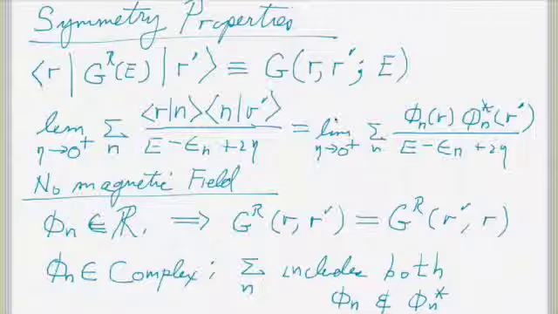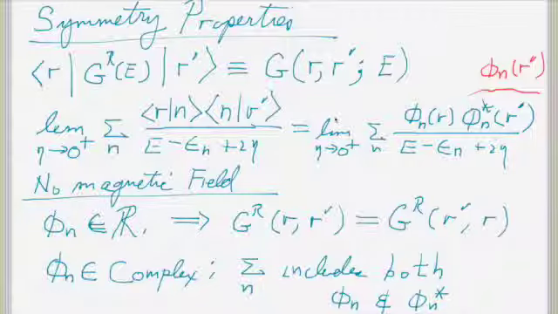And therefore, at some point the phi n star of r prime term in the sum over n will become phi n of r prime, because the sum runs over both the eigenfunction and its complex conjugate, because it's running over all eigenstates.